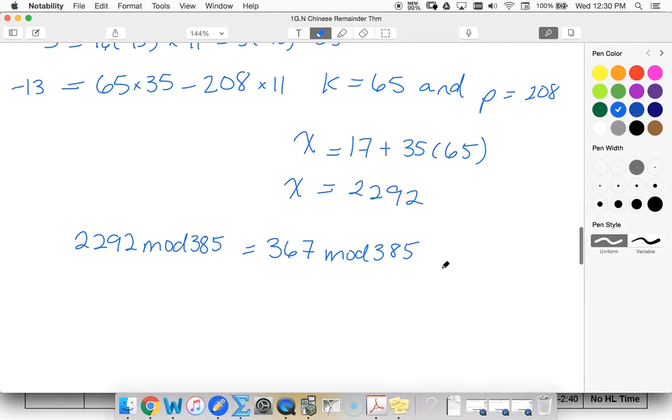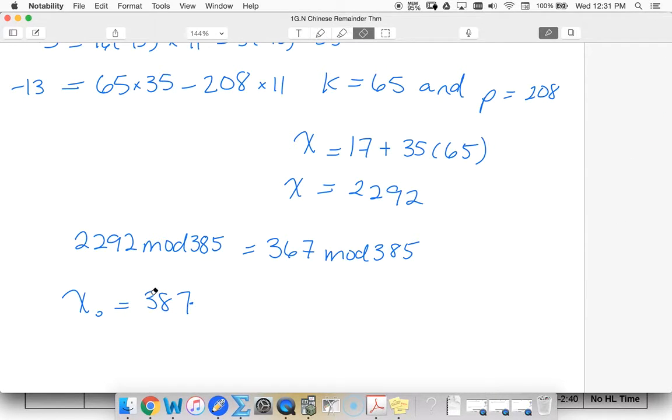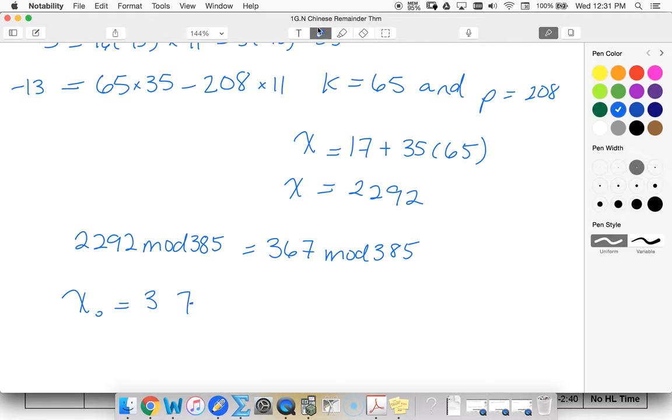So then I could define my very initial positive solution as 367. And then all values of x, I could say, are going to be equal to 367 plus 385t, where t is some sort of integer.